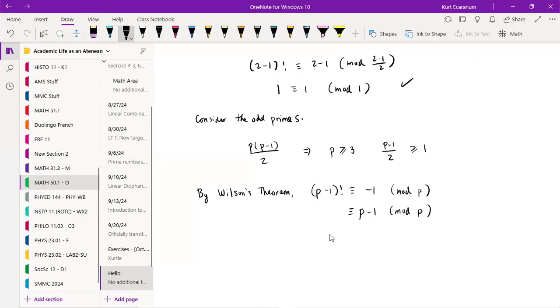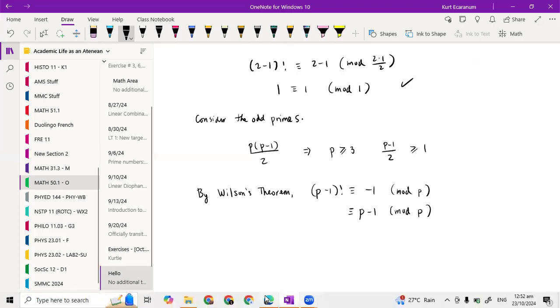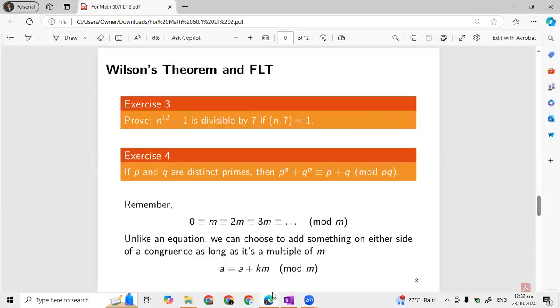So this is the second step. It doesn't take a while to realize that p minus 1 is divisible. Okay, (p minus 1) over 2 divides p minus 1. Actually, multiple lang siya: twice (p minus 1) all over 2. Okay? So, ito yung sinabi ko kanina sa slide na yan: 0, m, 2m, 3m, modulo m.